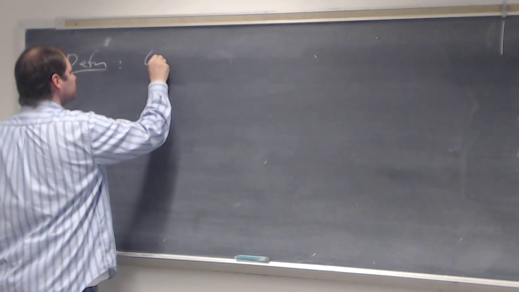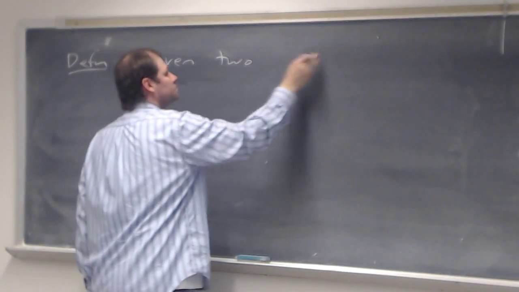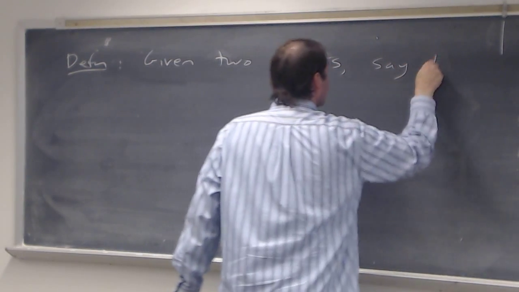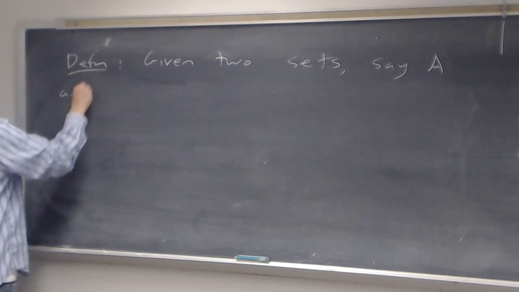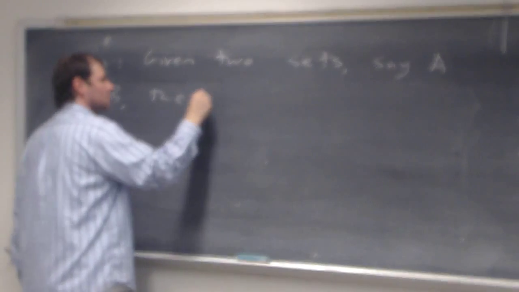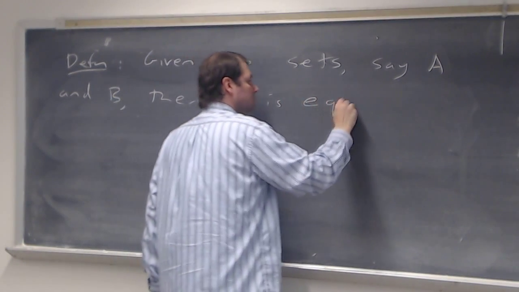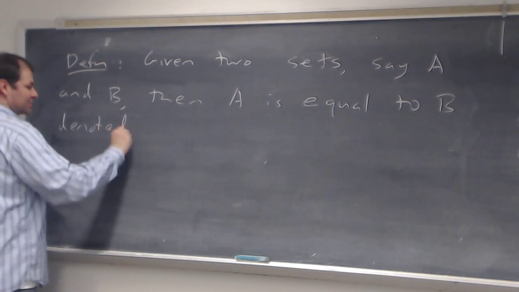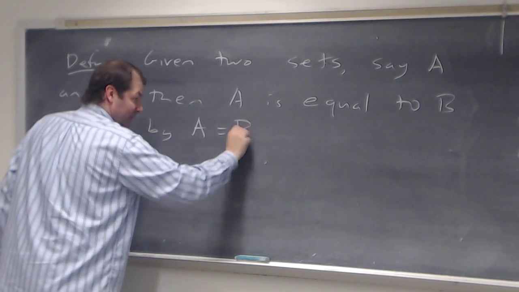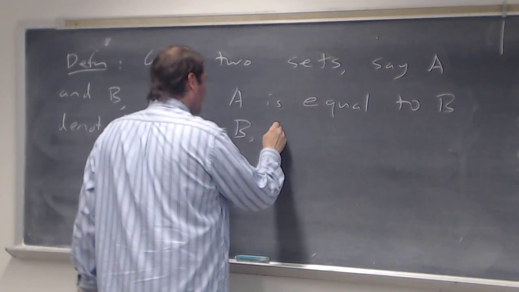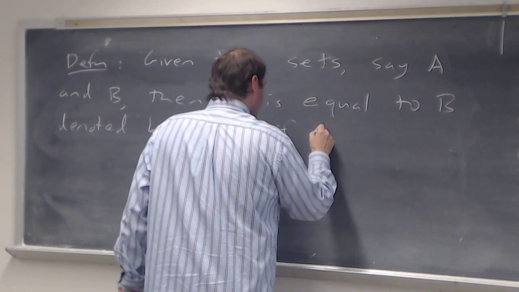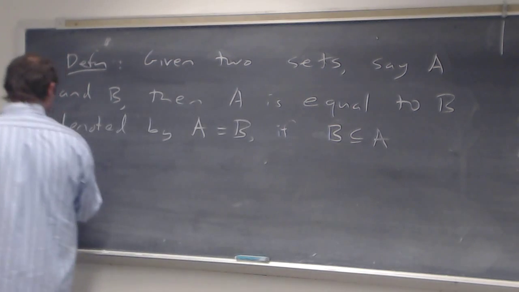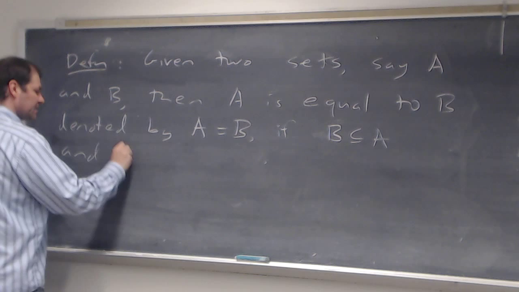So, given two sets, say A and B, then A is equal to B, denoted by, this is a shocker, A equals B, that's how it's denoted, if two things happen: B is a subset of A, and A is a subset of B.